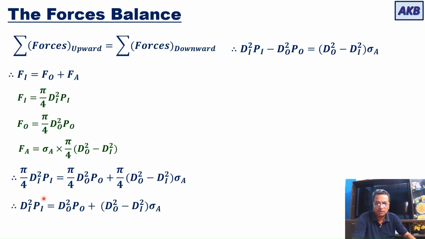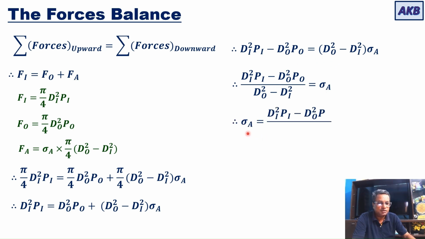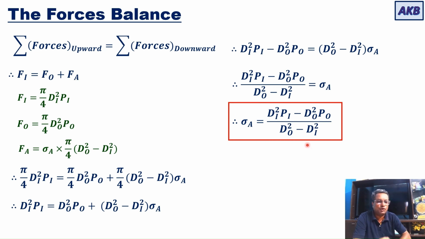That is di square pi minus dO square Po divided by dO square minus di square is equal to sigma A. Therefore, sigma A is di square pi minus dO square Po divided by dO square minus di square, and that is the final equation for the axial stress or the longitudinal stress that will be induced.